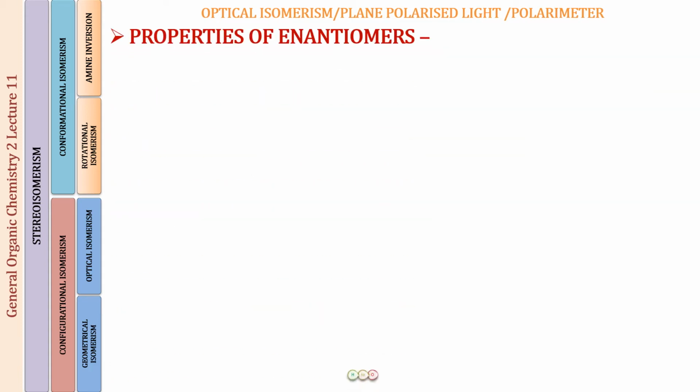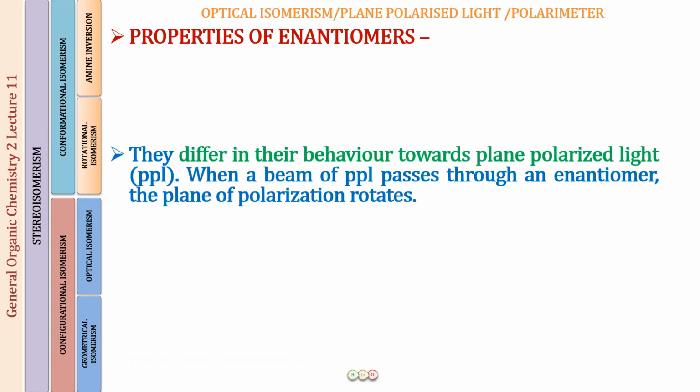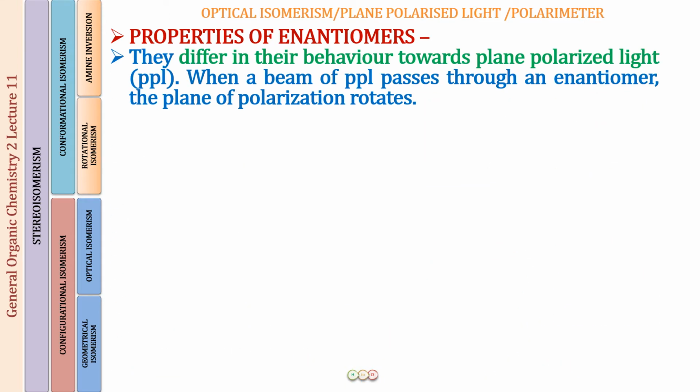So then what is the difference in the properties of enantiomers? Well, enantiomers are different in their behavior towards plane polarized light, which we will call in short PPL. Now, what do we mean by plane polarized light? I will be telling you that shortly. But just remember that they differ in their behavior towards plane polarized light. It is some form of light that you can understand, right?